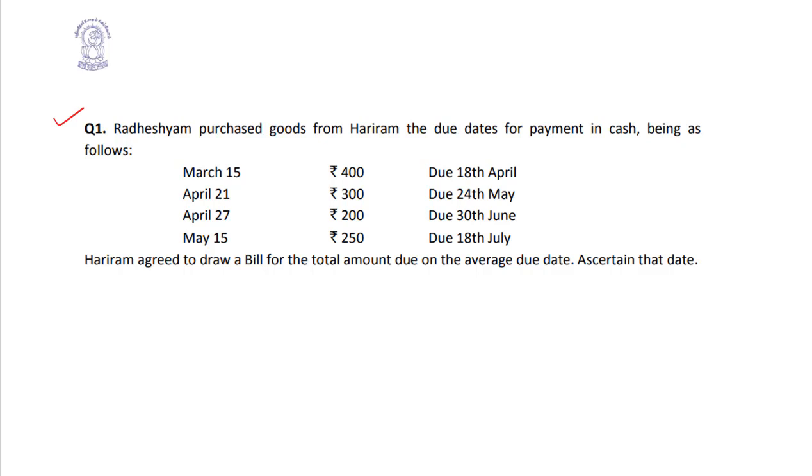Question number 1. Radhesham purchased goods from Hari Ram. The due dates for the payment in cash are as follows. 15th March, 400, the due date is 18th April. 21st April, 300, the due date is 24th May. 27th April, 200, the due date is 30th June. 15th May, 250, the due date is 18th July.